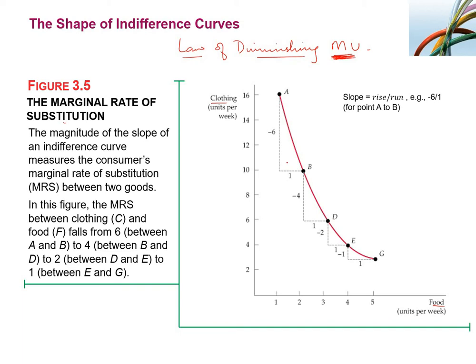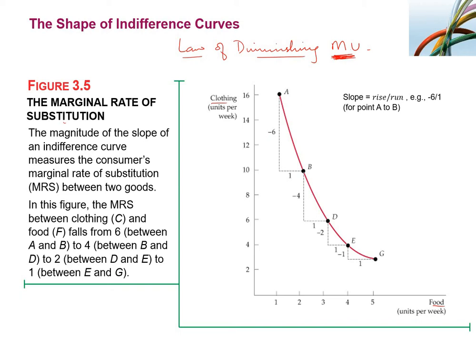I am saying that whenever you want to purchase another unit of food, you have to sacrifice clothing. Now the marginal utility which you are gaining from eating that one more particular unit of food is not worthy enough to sacrifice 6 units of cloth.